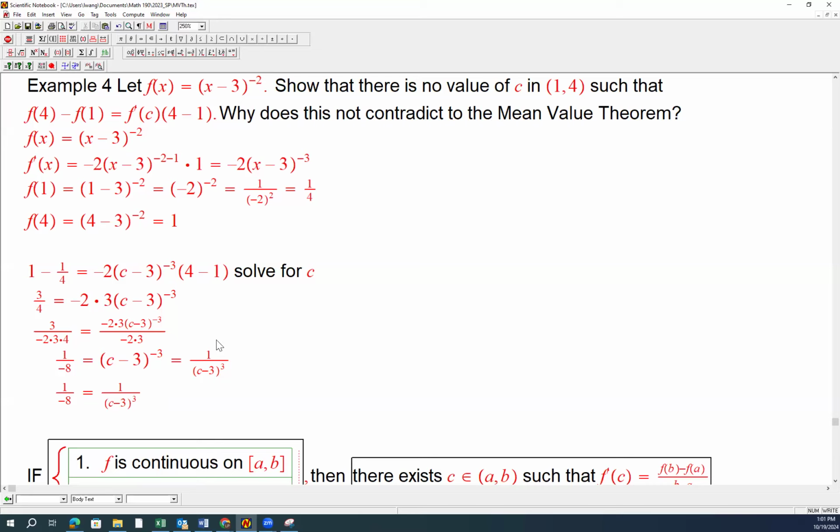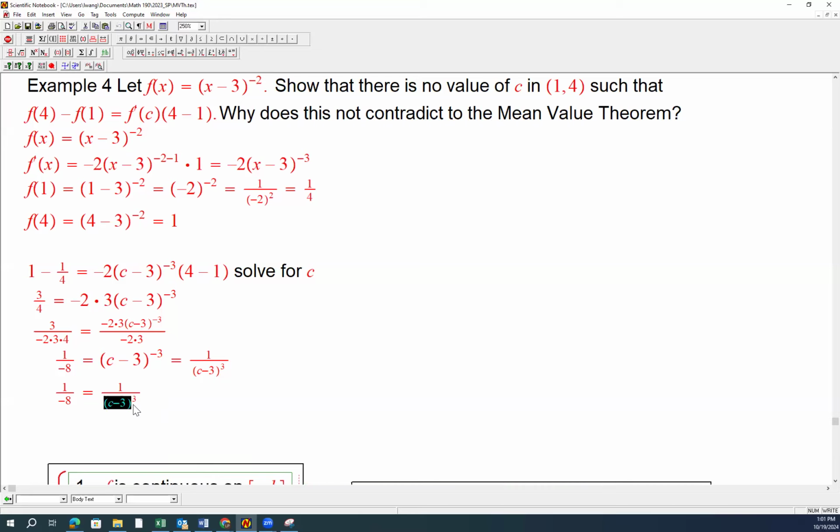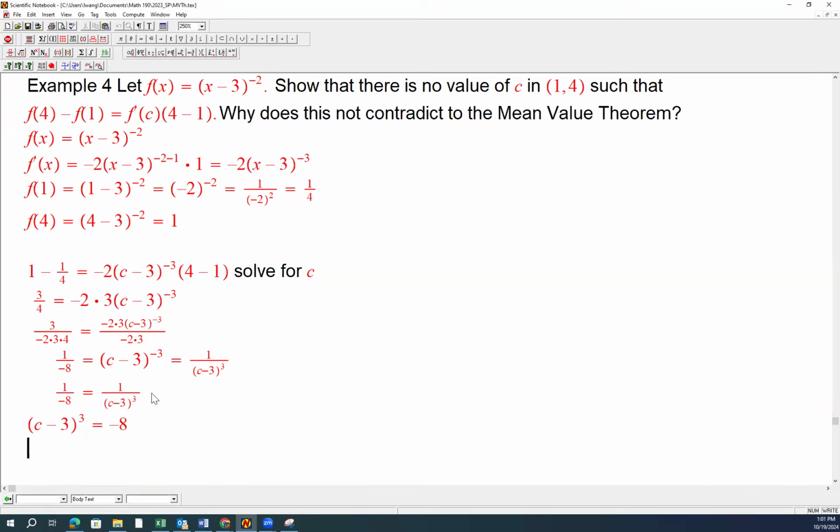And what does this tell us? This tells us that c minus 3 to the power of 3 equals negative 8. Okay? And negative 8 is negative 2 to the power of 3. The x raised to the power 3 function, let me write it down.